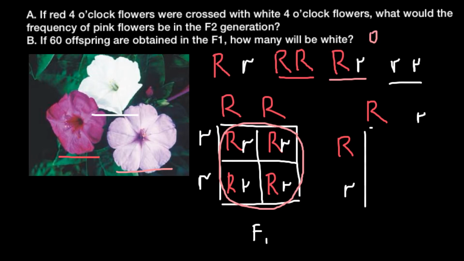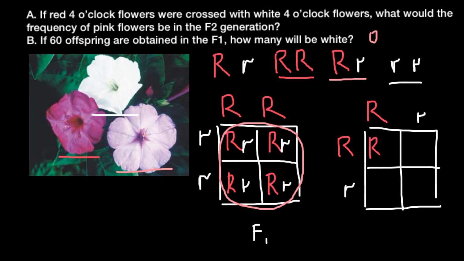Once again, we build a Punnett square, and the genotypes would be as follows: capital R capital R here, capital R small r here, capital R small r here, and small r small r here.